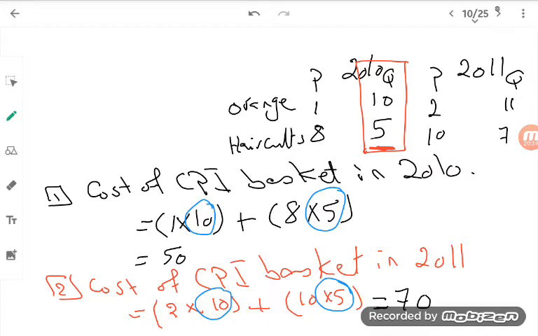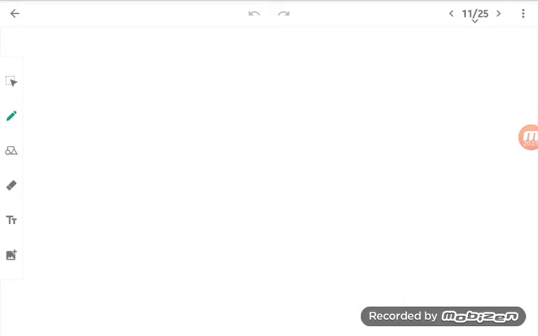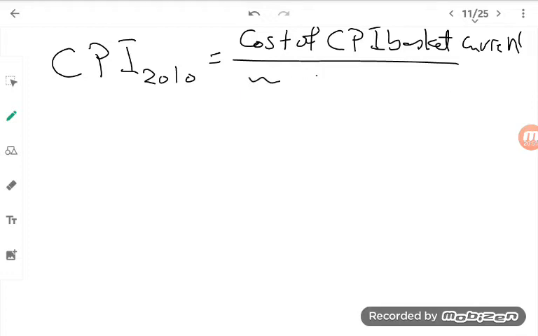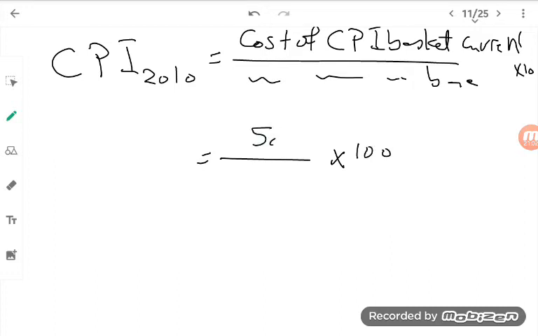Now step number 3. Step number 3 is to calculate CPI. CPI for year 2010 will be calculated as cost of CPI basket current divided by cost of CPI basket base multiplied by 100. So it's gonna be 50 divided by 50 equals 100.